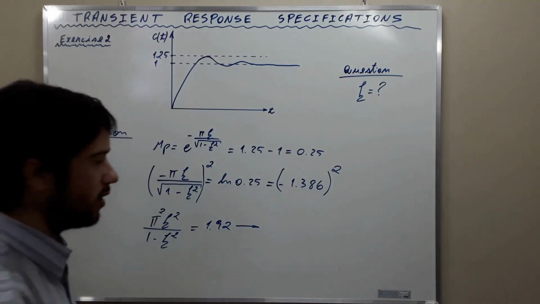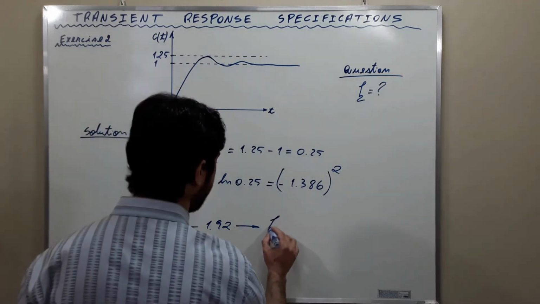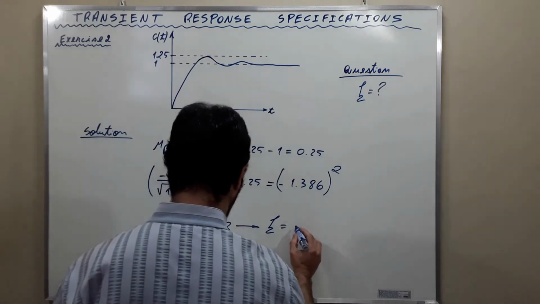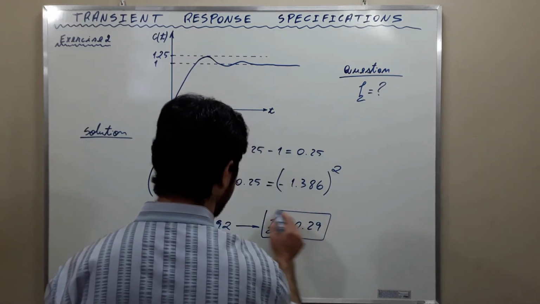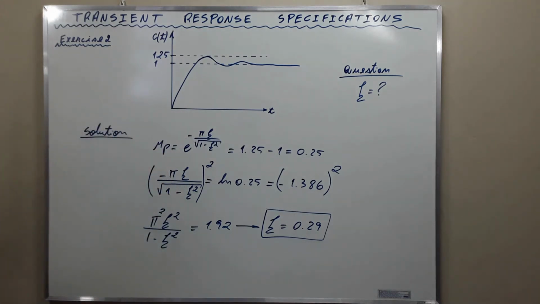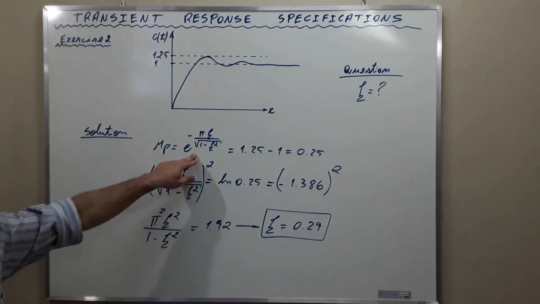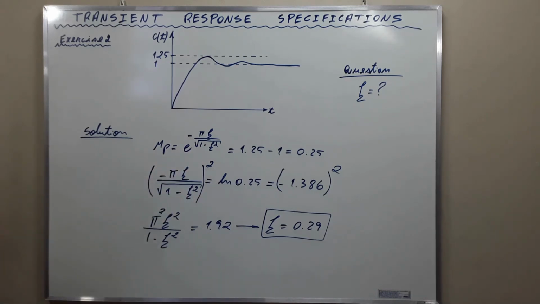From this we get that zeta, the damping ratio, is equal to 0.29. Okay? Easy, isn't it? The catch here is to remember the expression for the maximum overshoot. The rest is easy.